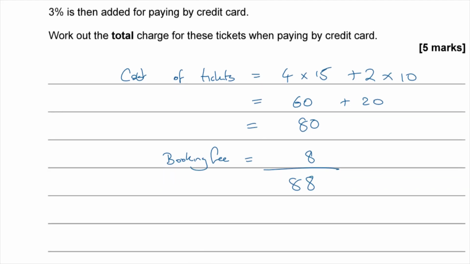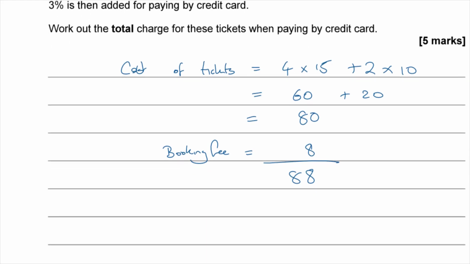And then finally, I need to add 3% for paying by a credit card. Okay, so I've got £88. What's 3% of £88? So this is my credit card fee. So if I have £88, then 10% is £8.80 and 1% would be 88p. So 3% is going to be 3 lots of 88 pence.